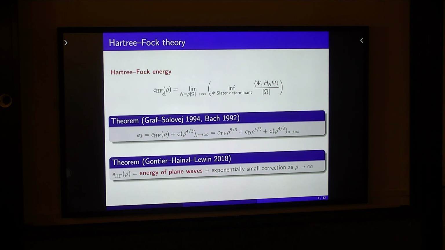When they talk about Hartree-Fock, what they usually do is plug in the Slater determinant where they use a product of plane waves, choosing the momenta of the plane waves in a way which minimizes just the kinetic energy. So basically, the non-interacting system.